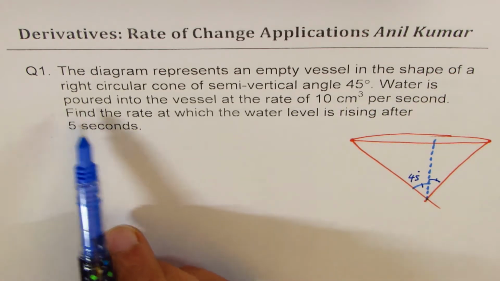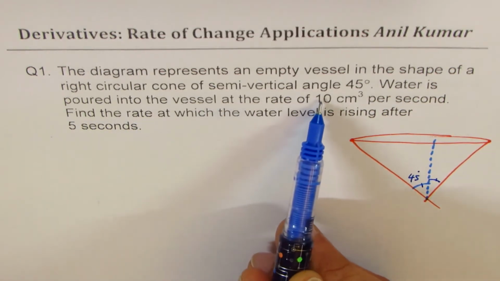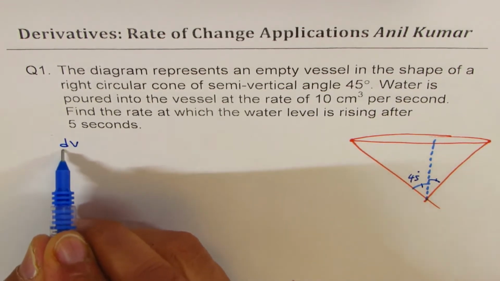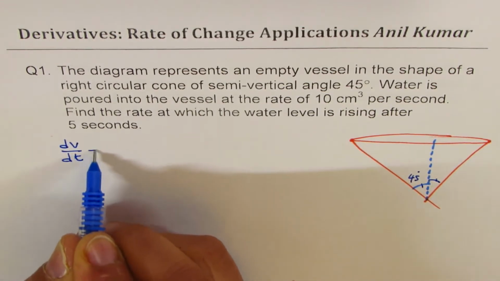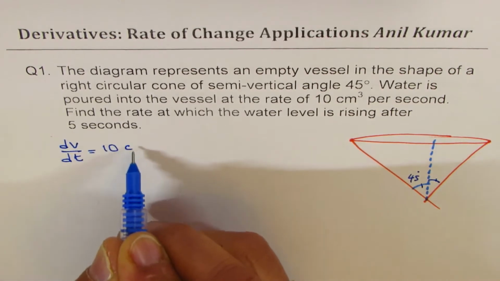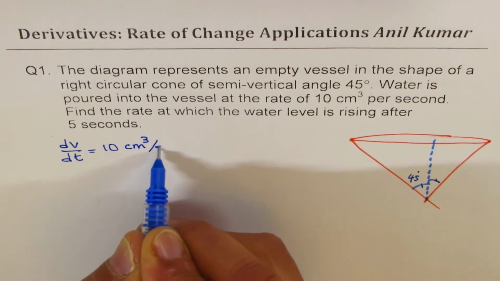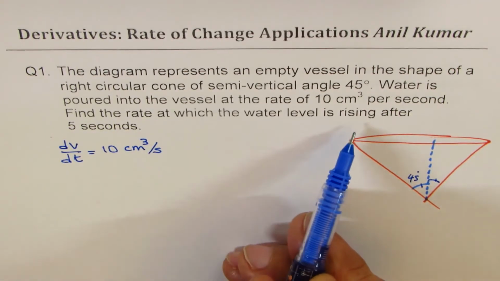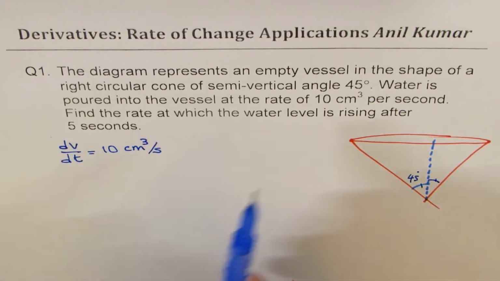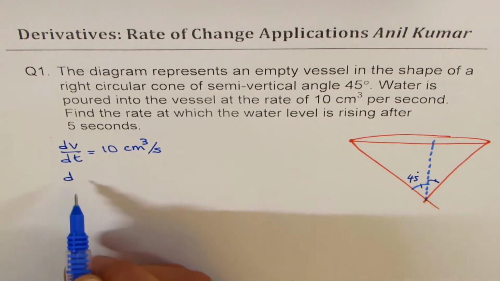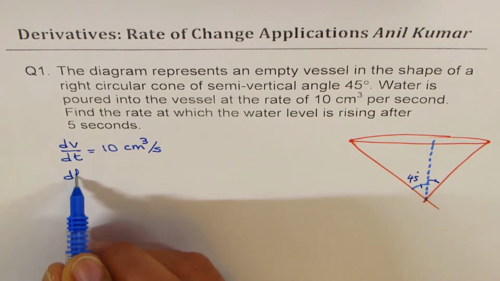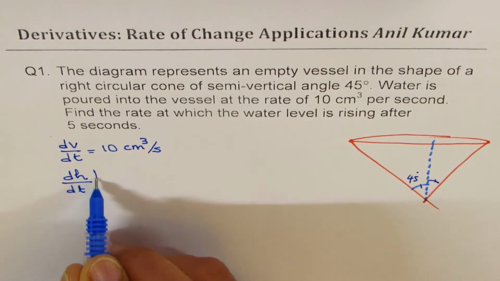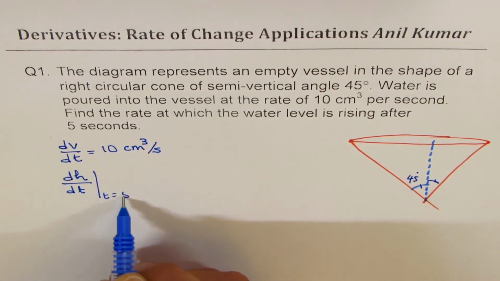Water is poured into the vessel at the rate of 10 centimeter cube per second. That means dV/dt, rate of change of volume, is 10 centimeter cube per second. Find the rate at which water level is rising after 5 seconds. So we have to find the rate at which water level is rising, let's say height, with time, when time is equal to 5 seconds, right?